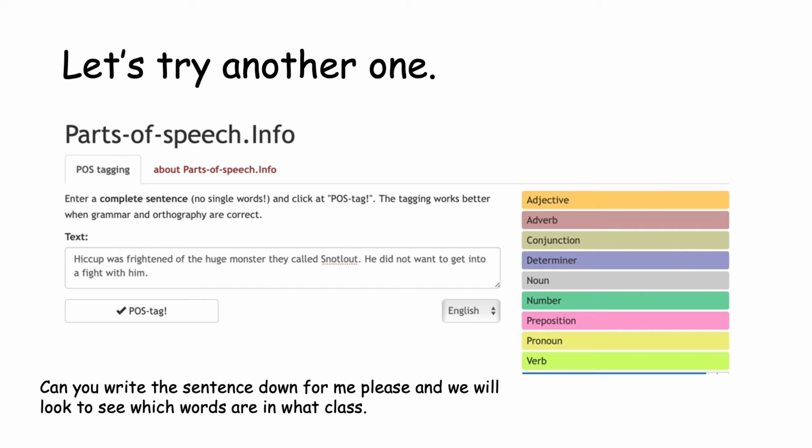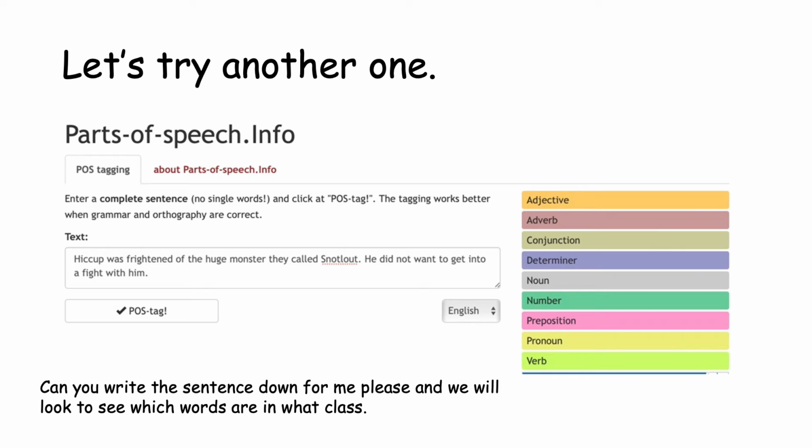Okay? So, Hiccup was frightened of the huge monster they called Snotlout. He did not want to get into a fight with him. Okay, so what is Hiccup? Hiccup is a noun because it's the person, isn't it? Was frightened is the verb because the word was is from the verb to be. So it's was frightened. They are both verbs.